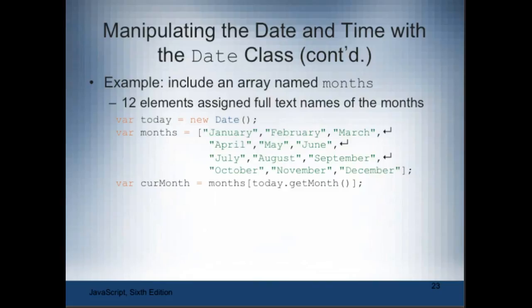And var curMonth, in which a variable named current month is created and accepts whatever is in the months array at the month of the today object. In other words, it returns the current month.